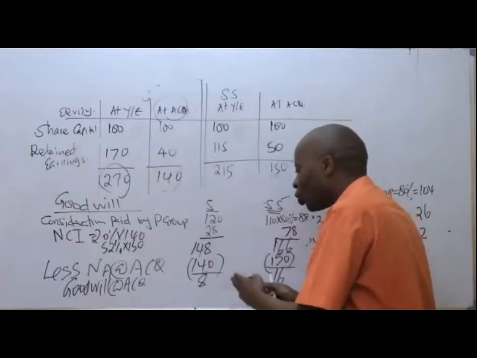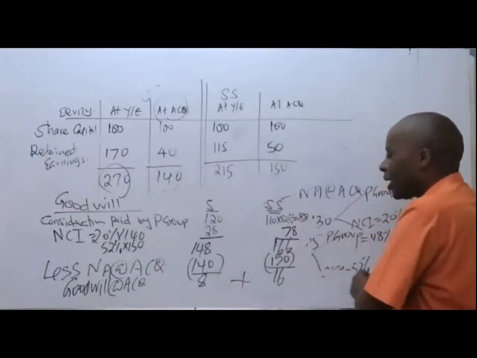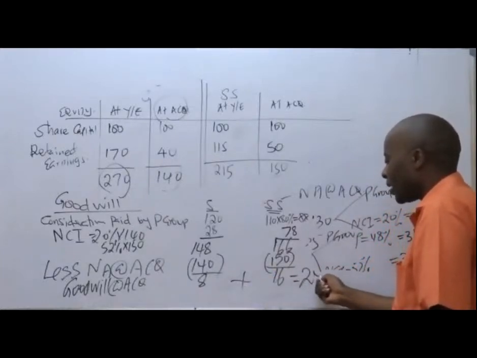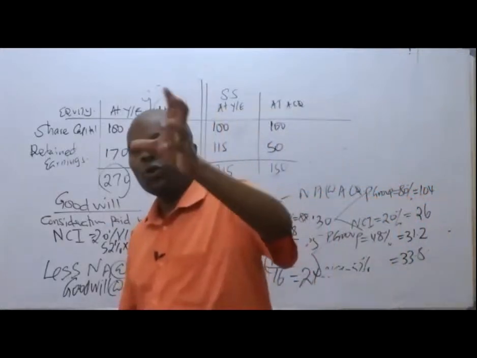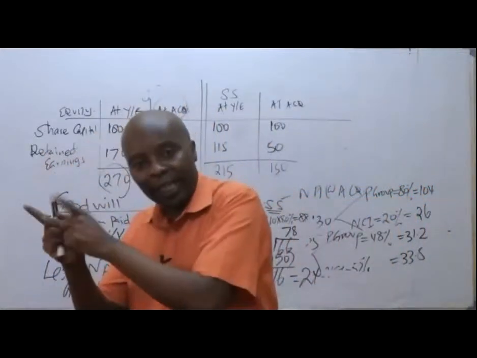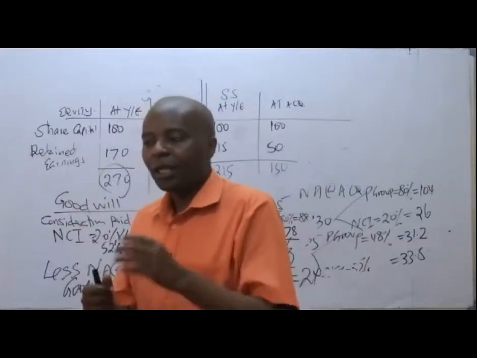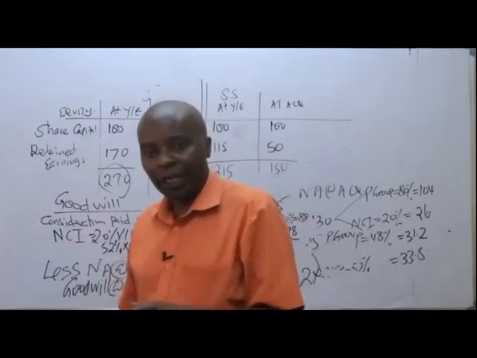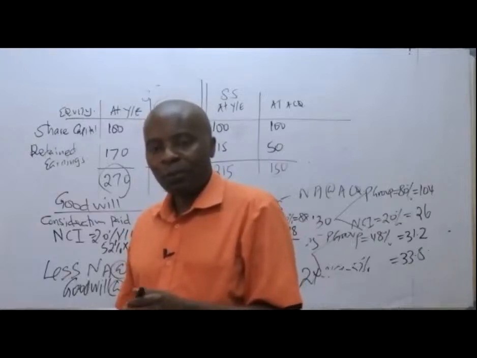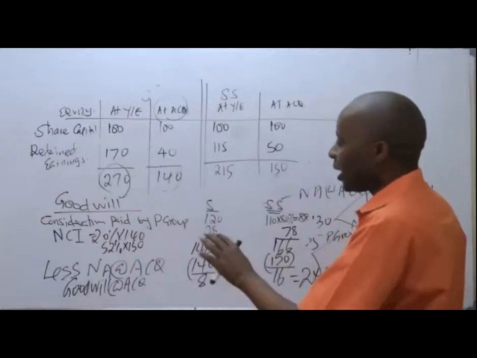So the total goodwill will be 8 plus 16, which is 24. So in your balance sheet, where you have written goodwill working, please go and put 24 there. Great. So that is goodwill.